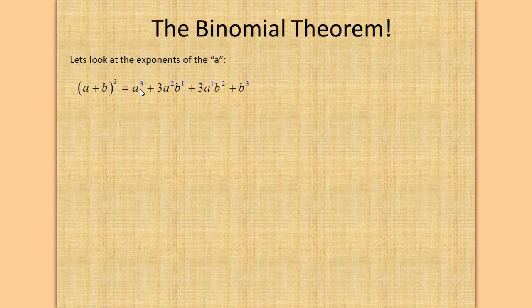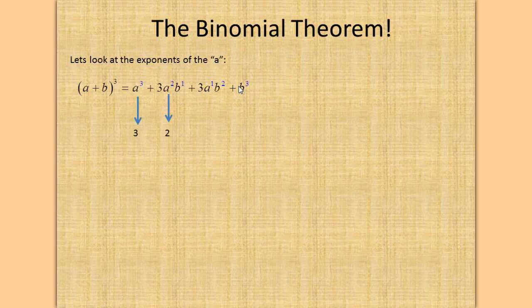When we first start out in our polynomial, we have a cubed, then a squared, then a to the 1 power, then we have no a. In front of this b is really a 1, it's understood to be a 1. So if that's a 1, then that must be a to the 0. a to the 0 is 1.